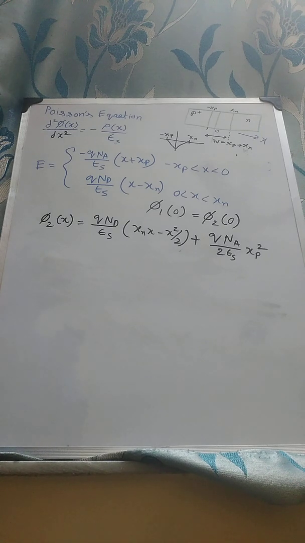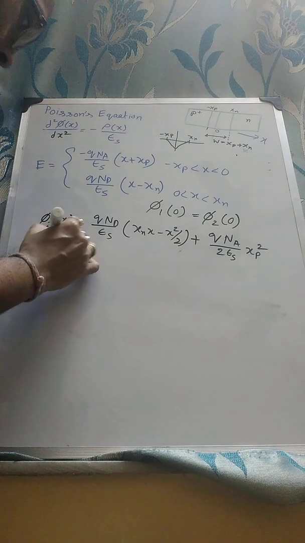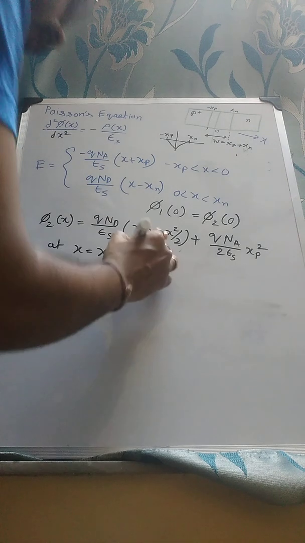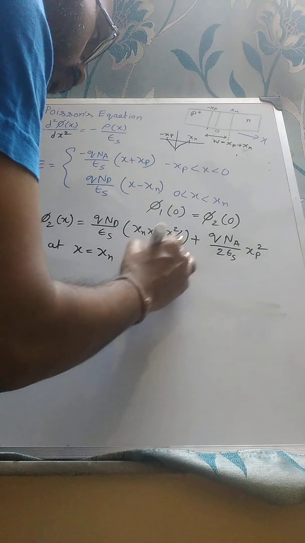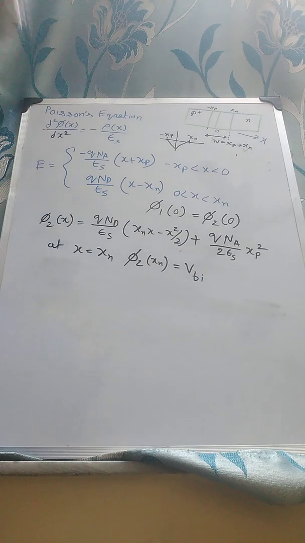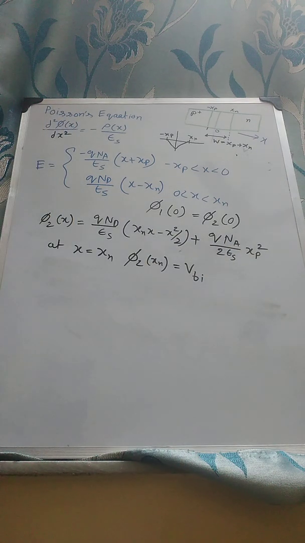Now we know also that at x equals to xn, this phi 2 of xn is nothing but VBI. That is the barrier potential. So potential difference, right?